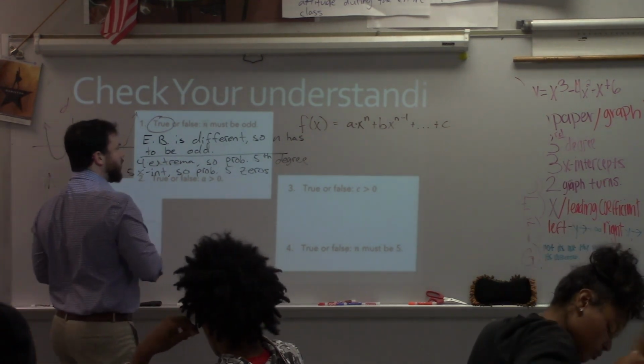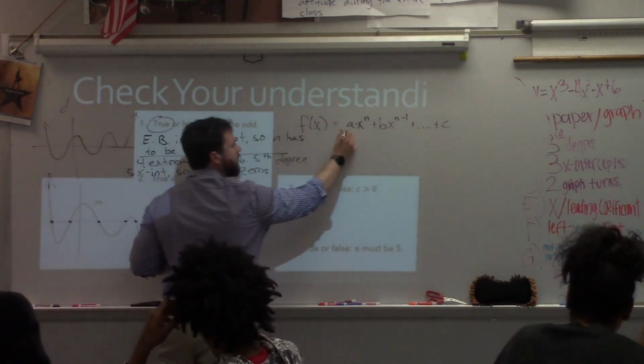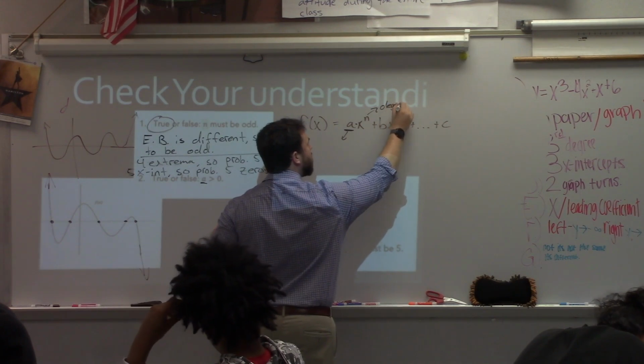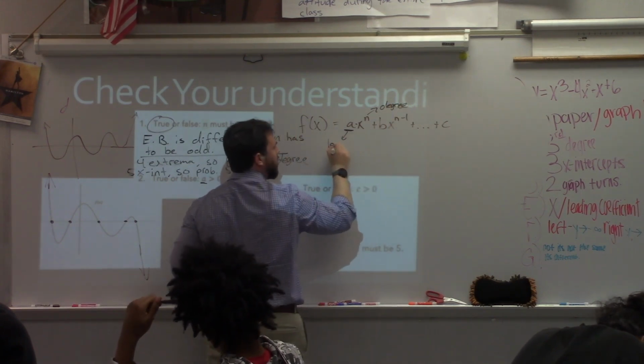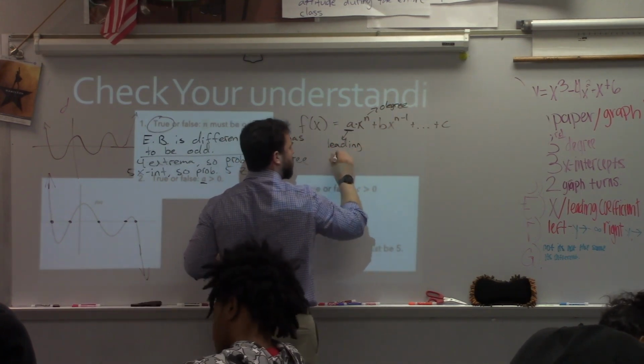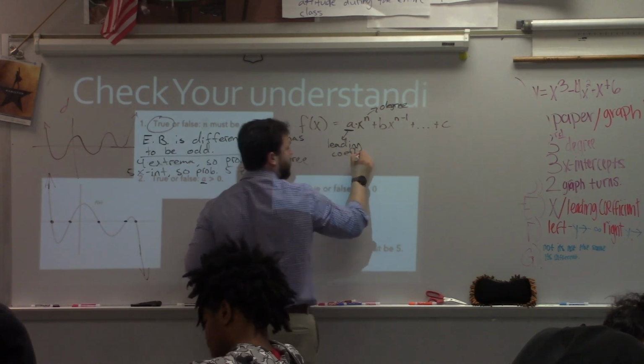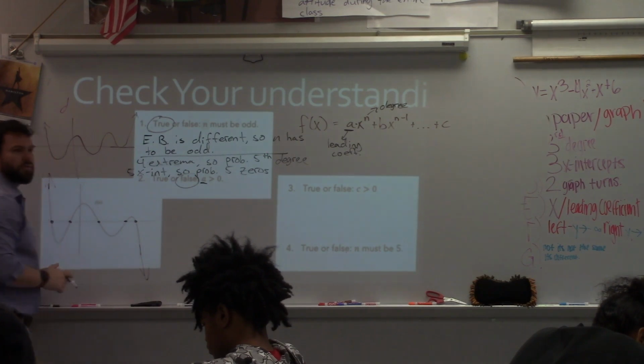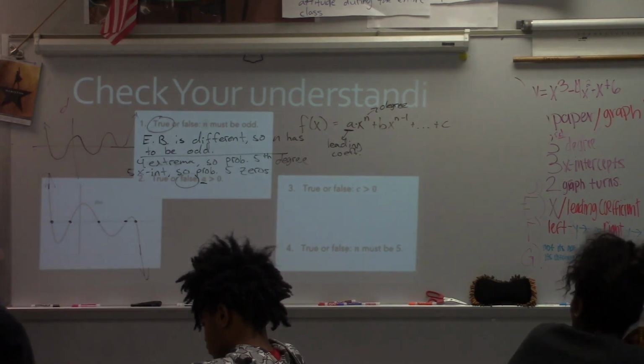But we do want to notice A simply means the leading coefficient, right? N was my degree, A is my leading coefficient, and so y'all think it is false, meaning you think A is less than 0. What's your evidence?